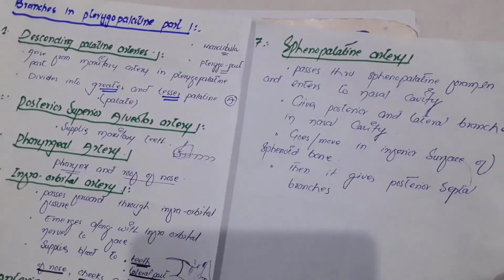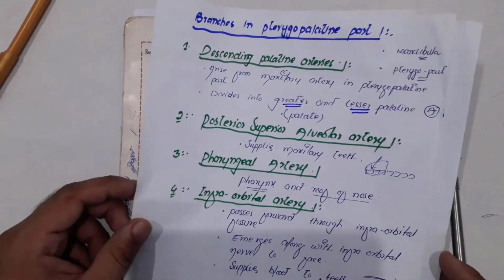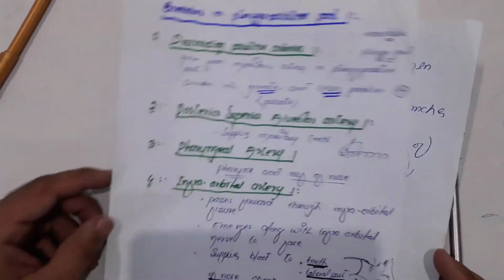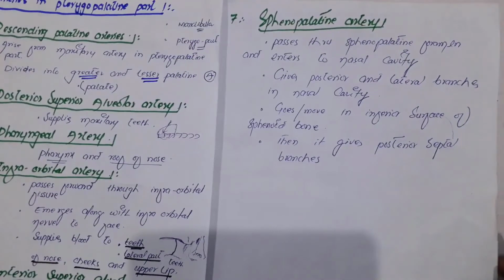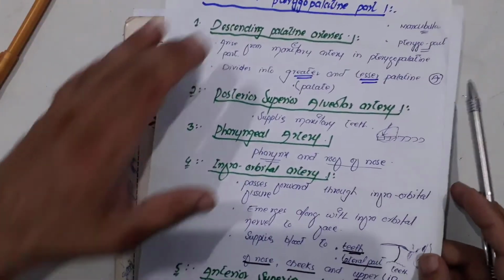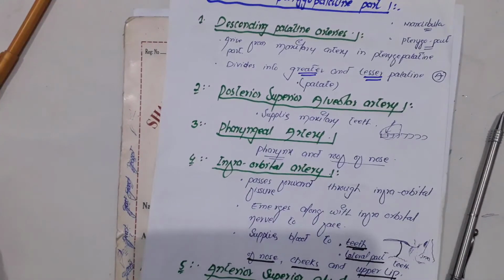Now friends, we have covered all the arteries which arise from the maxillary artery. 7 arteries are here, and we have covered 9 more arteries. Now let me show all these arteries in the diagram so that you can clearly understand these branches of the maxillary artery.